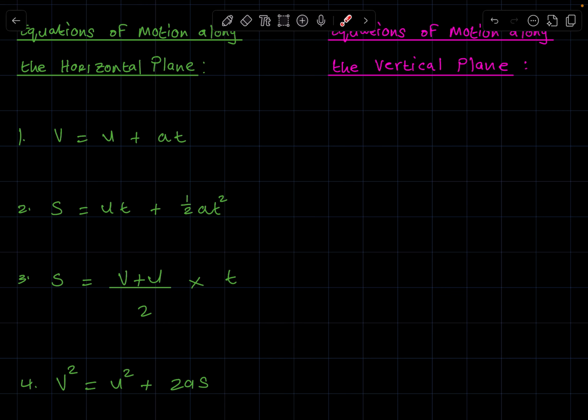Objects that move along the vertical plane are objects that will either be projected upwards, so thrown into the air, or objects that will be released from a platform at the top, and released towards the ground. So we'll be looking at objects that are either moving in the horizontal plane or along the vertical plane.